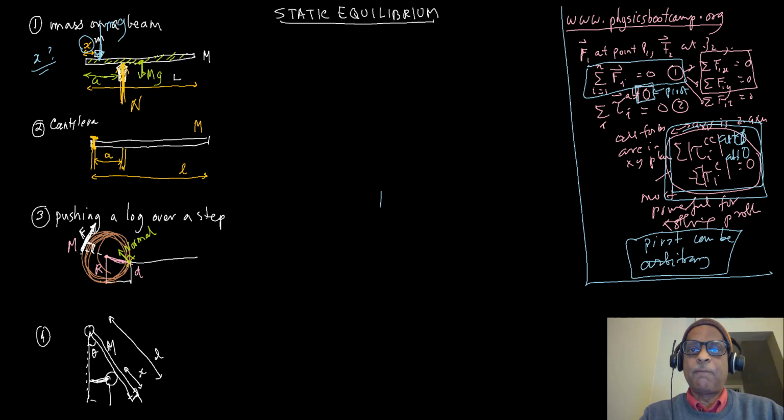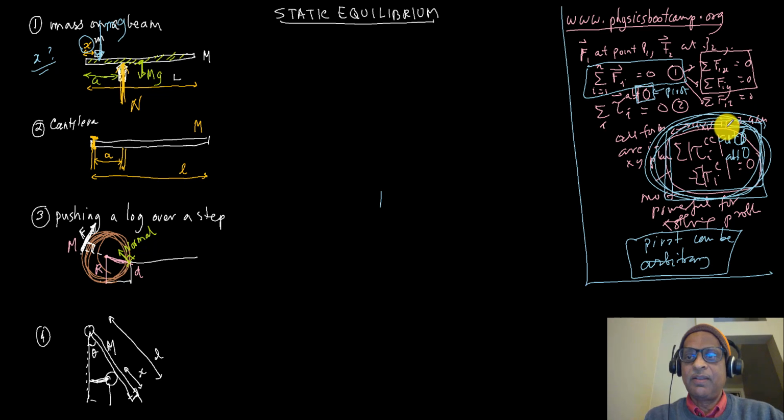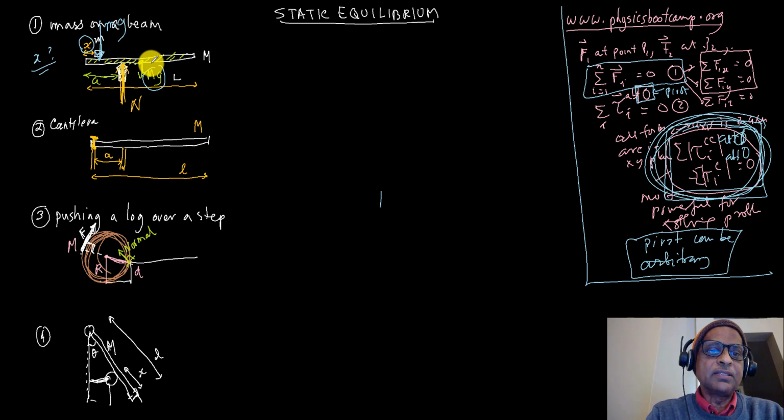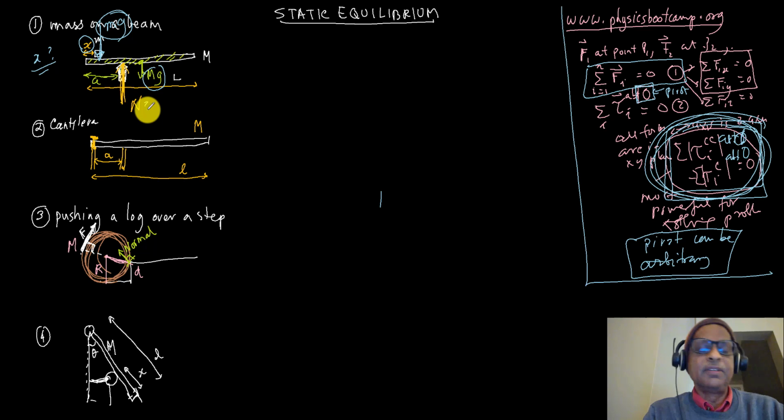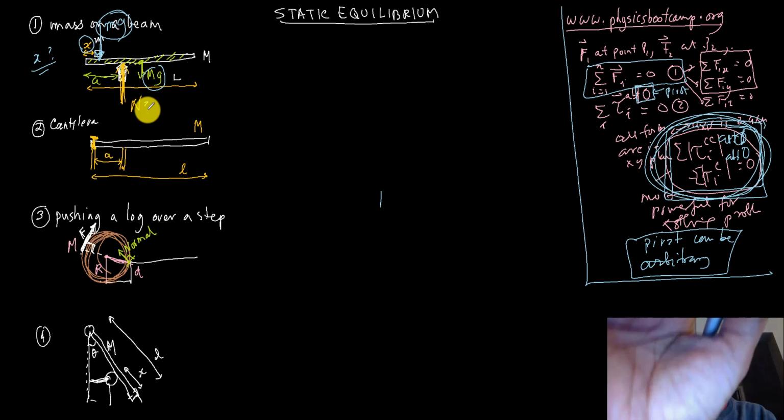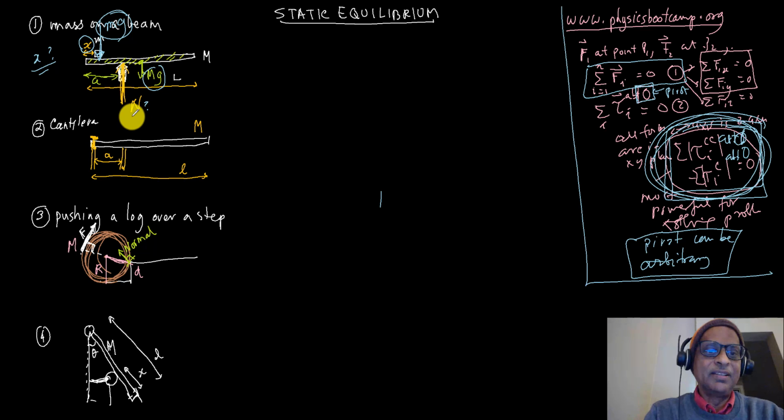We are going to try to do this first by picking a pivot. Here we know this and we know this, but we don't know that normal force. Maybe you can find it by using the force equation, but I don't want to use it.